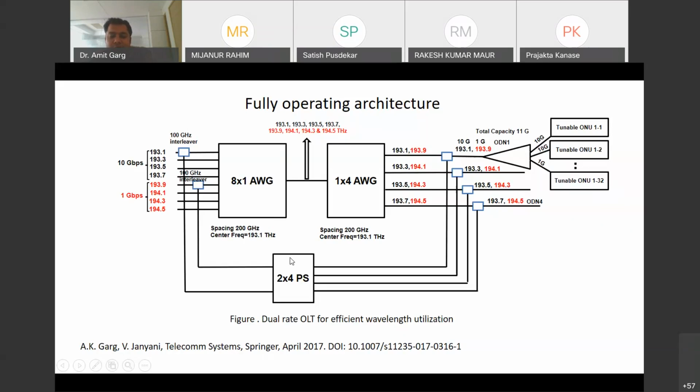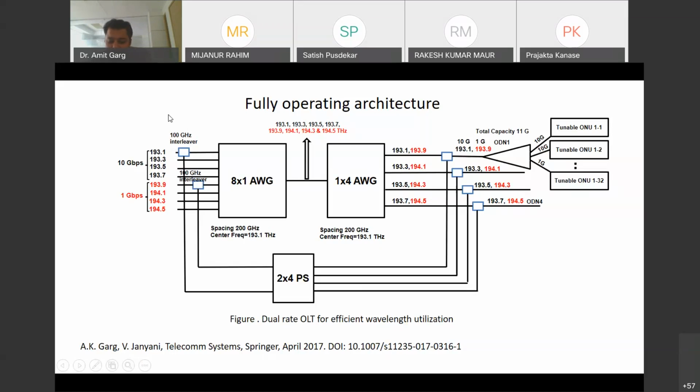So this side, and here I have connected the 2 cross 4 power splitter. So this 193.2 terahertz wavelength will appear at these 4 ports, and then again it will be combined by the different sets of interleavers. So basically, suppose we want to broadcast the data. Okay, so then just by tuning this transmit wavelength, this interleaver will divert the wavelength towards this side, so we can broadcast some common data to all the users from this single transmitter.